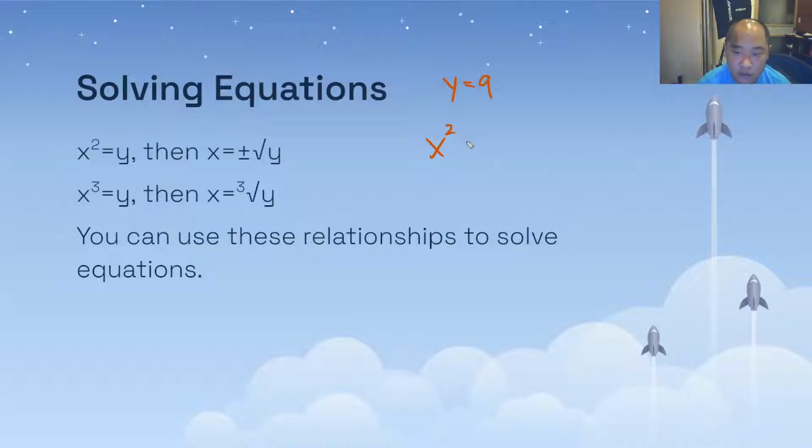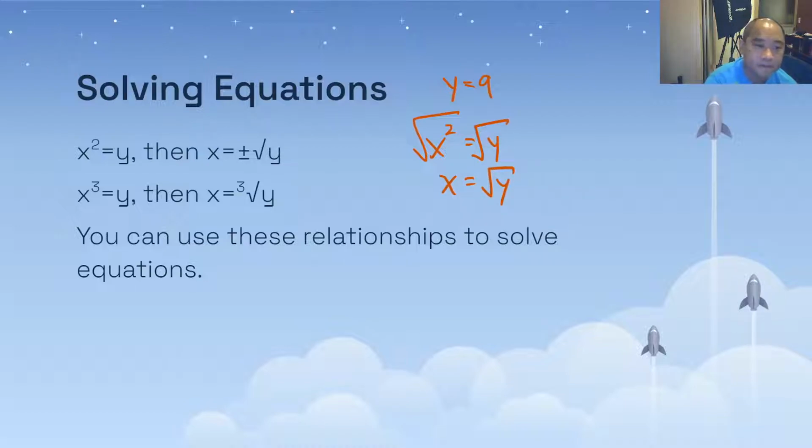Here's our equation, x squared equals y. And so if we're solving for x, how do we get x by itself? We have to take the square root of it, right? If we take the square root of that, then we need to take the square root of this, right? So that is x equals the square root of y.